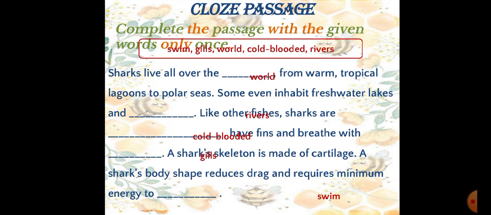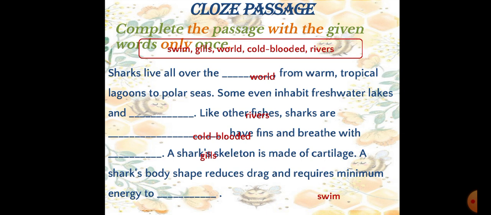We have the words: switch, gifts, world, cold-blooded, reverse. Here I have a passage: sharks live all over the dash, from the tropical seas to polar seas. All over the, of course, world would come here, because it can't be all over the cold-blooded, or all over the rivers, switches or gifts.